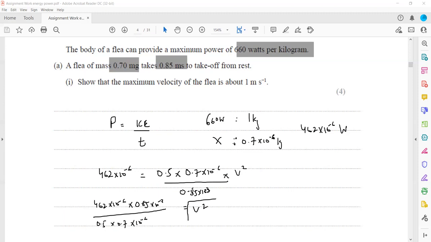To get v, we take the square root, and the final answer will be 1.06 meter per second. That's the speed at which this flea will move, the maximum velocity. Is it clear how we work out the maximum velocity using the power? And the energy is a kinetic energy, which is half mv square.